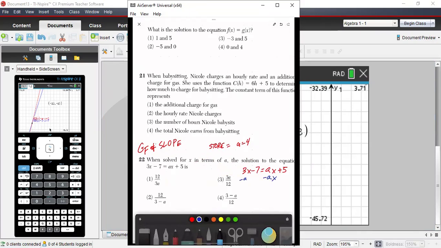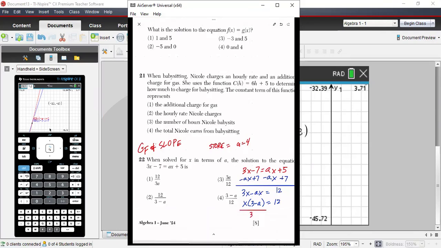And then I'm going to add 7 to both sides to get rid of the minus 7 over here. And then this is going to be 3x minus ax equals 12. And then now I'm going to factor out an x. So this is going to be x times 3 minus a equals 12. And then the last thing I need to do to get x by itself is divide both sides by 3 minus a. And that would be my answer.